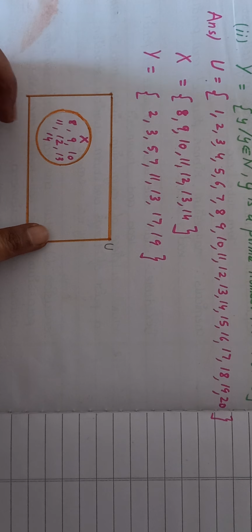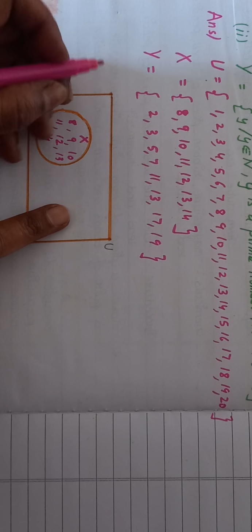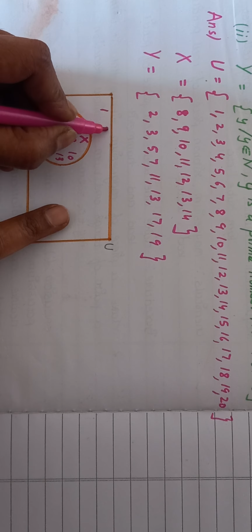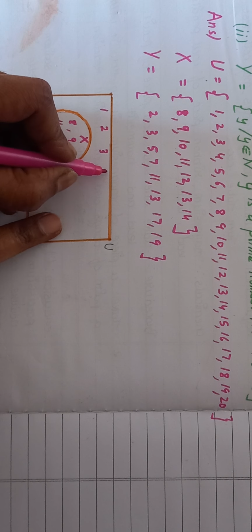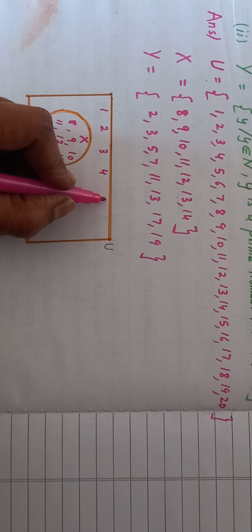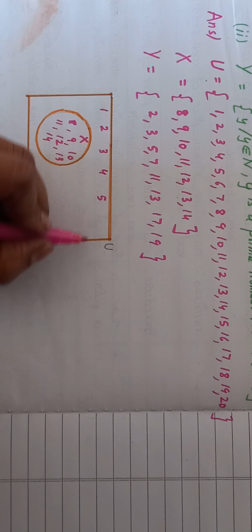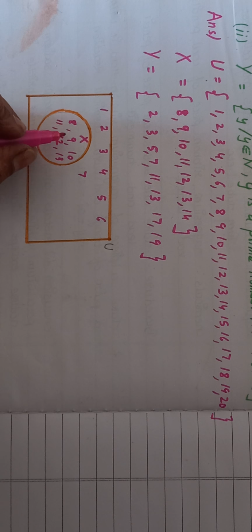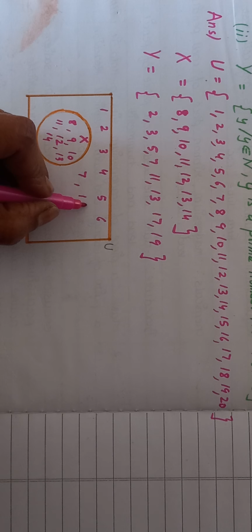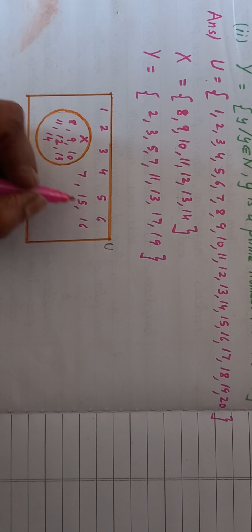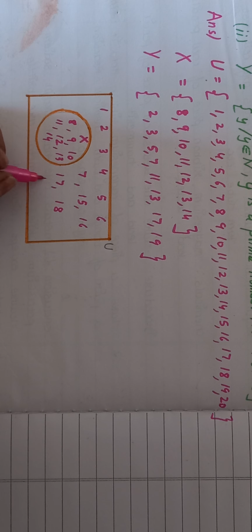Now write the remaining numbers. 1 to 7 is left, that you write outside: 1, 2, 3, 4, 5, 6, then 7. Then what is left? 8 to 14 is okay. So we will write 15, then 16, 17, 18, 19, and 20.